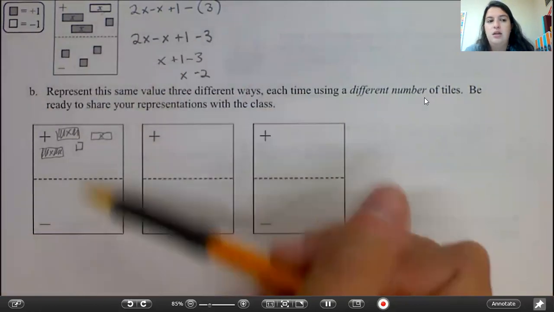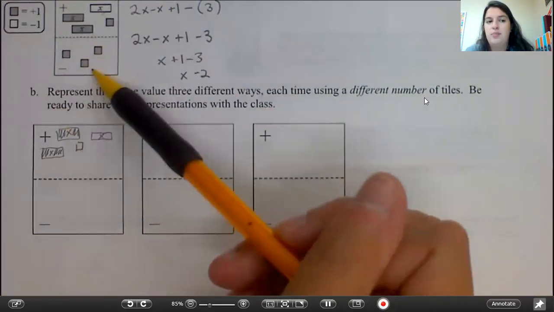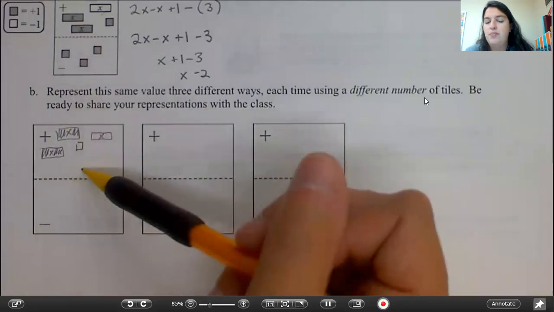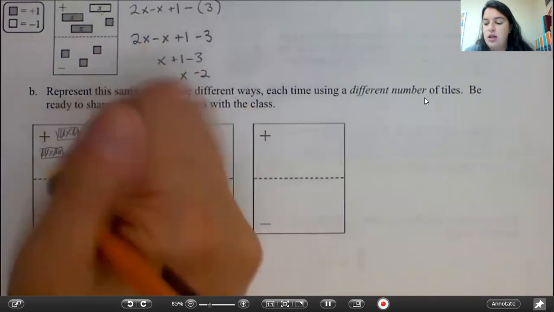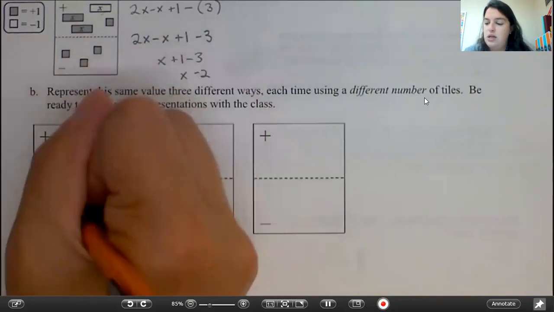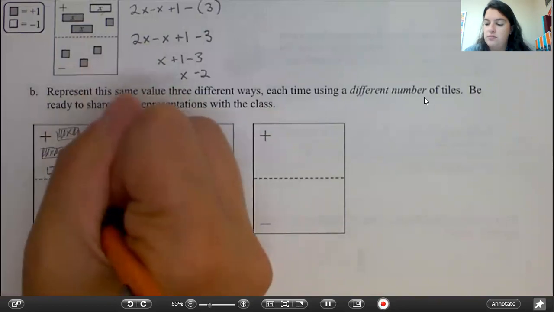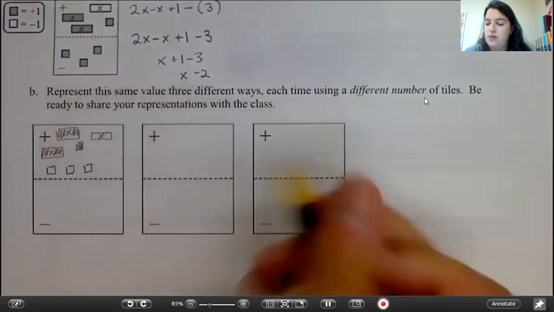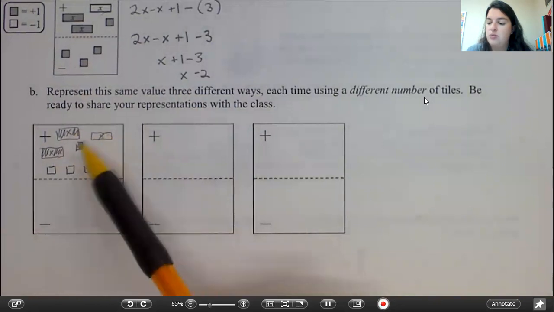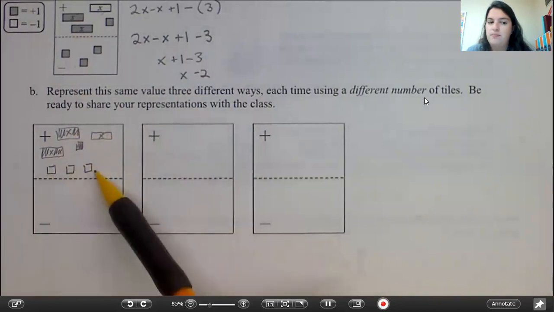And then these 3 tiles down here at the bottom are truly negative. So if I wanted to move them up to the positive region, they would be, oops, that should be shaded in, I'm sorry. They should be negative tiles. So we still have 2x minus x plus 1 minus 3.